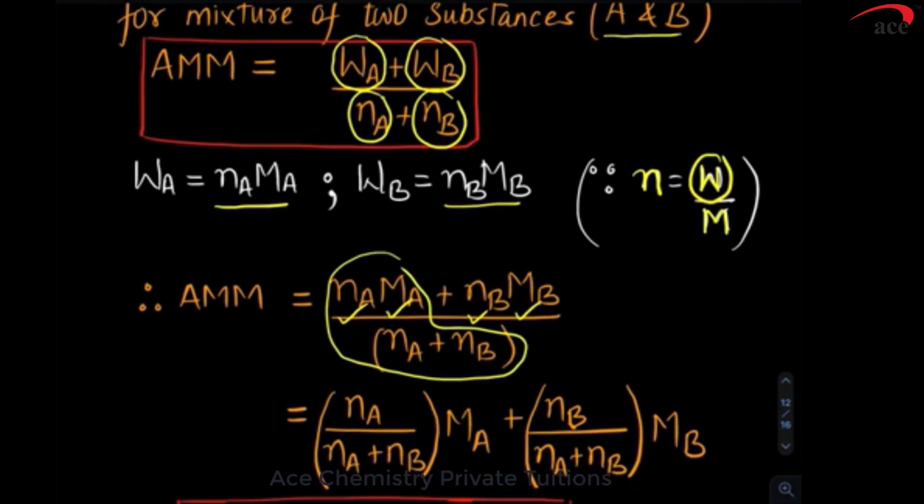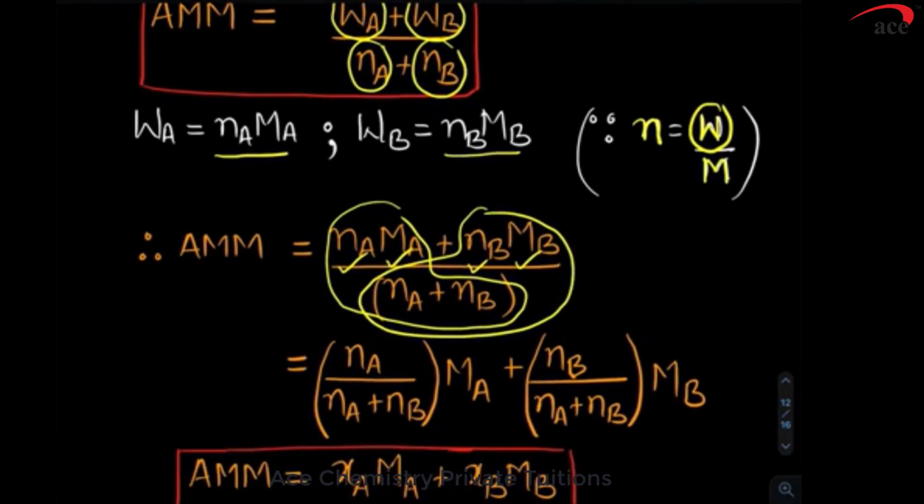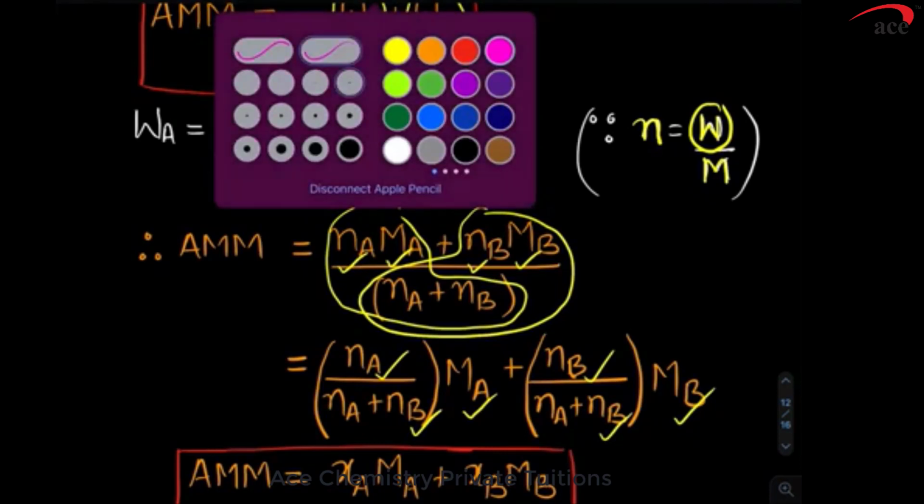Now, what we do? We take each term and we divide. That's moles of A upon total moles multiplied by molecular mass, moles of B divided by total moles multiplied by molecular mass.